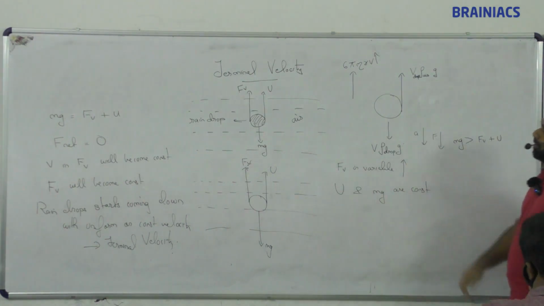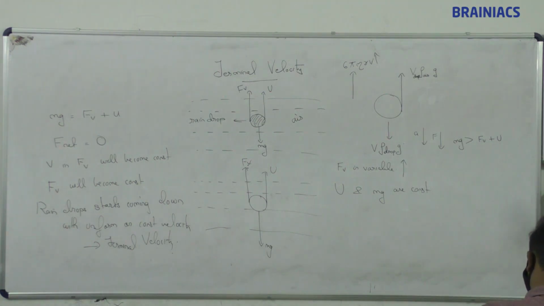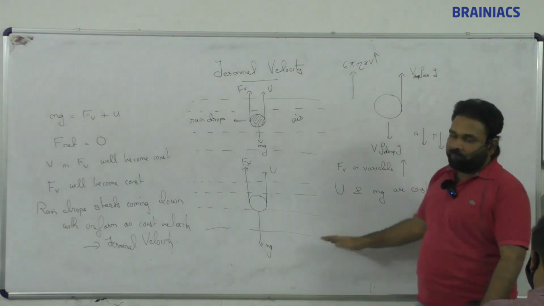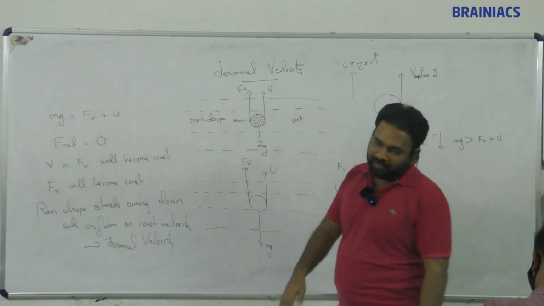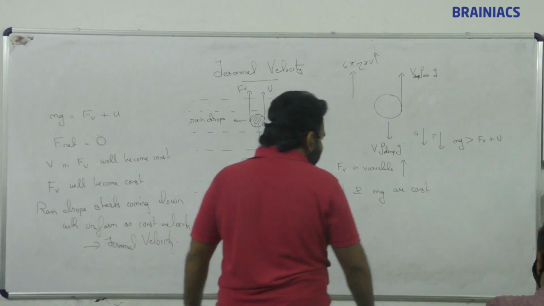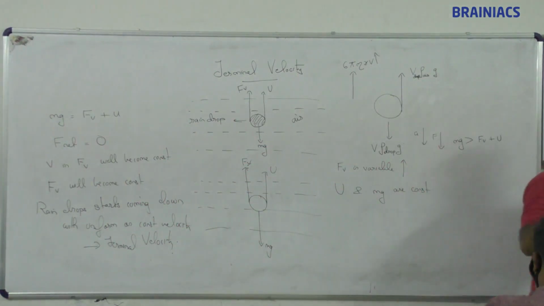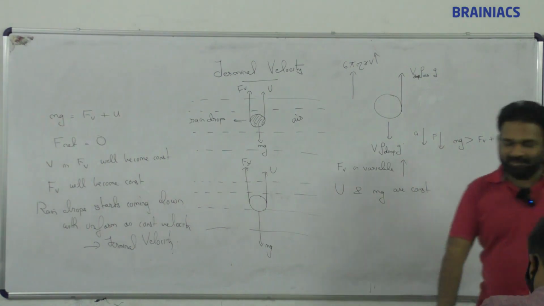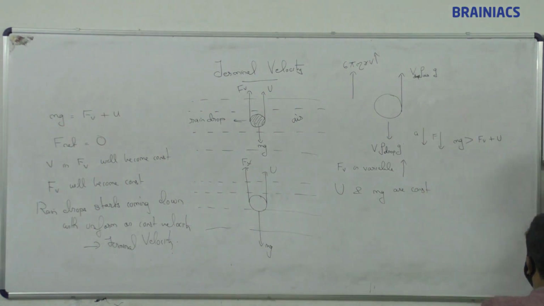We can see God's hand in each and everything. Otherwise we won't be able to live in the world. Because of friction only we are able to walk, and to construct buildings. Otherwise nothing is possible. So this is terminal velocity. Okay, note it down.